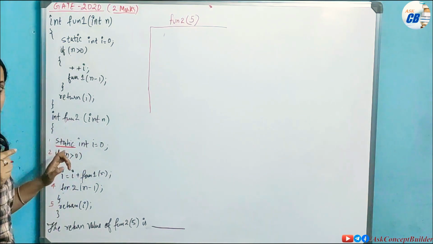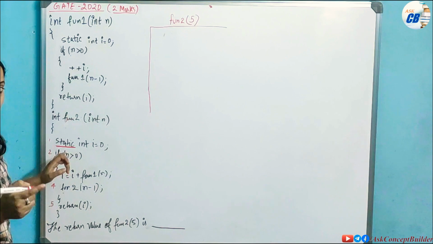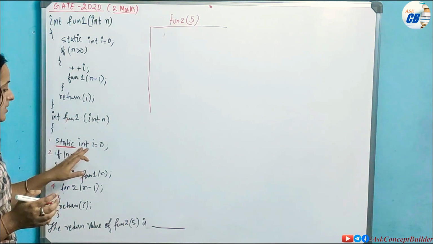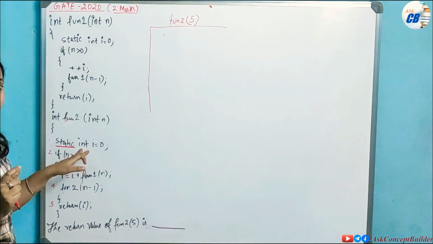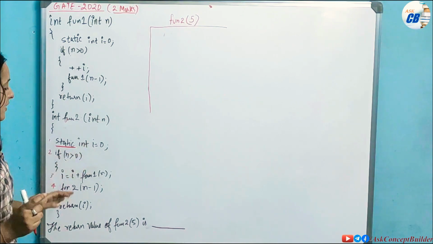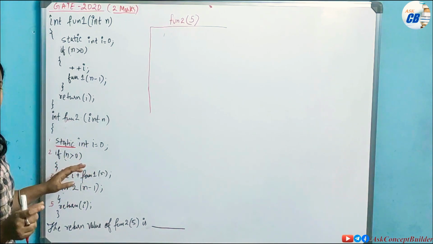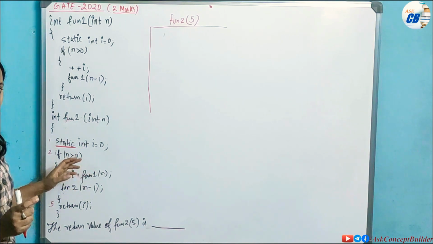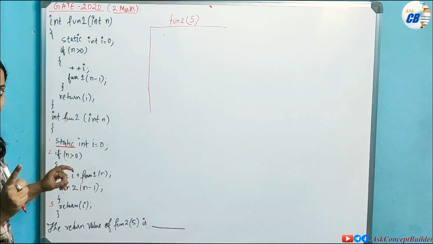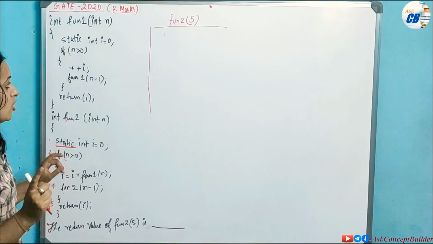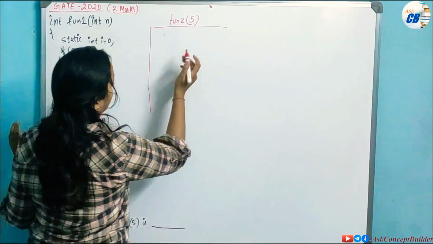I have already taken an example and told you what is different in a static variable. If any variable is static, then the memory will be created for it at compile time only. Every time the function runs, memory will not be created again. It will be created only once, at compile time. We have to remember that here again.